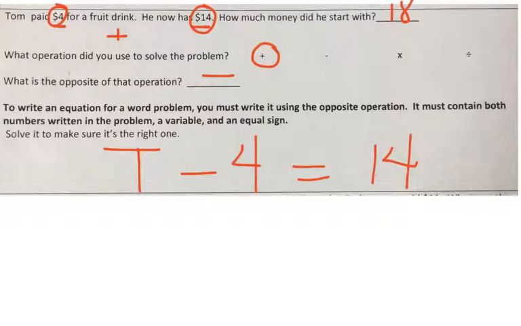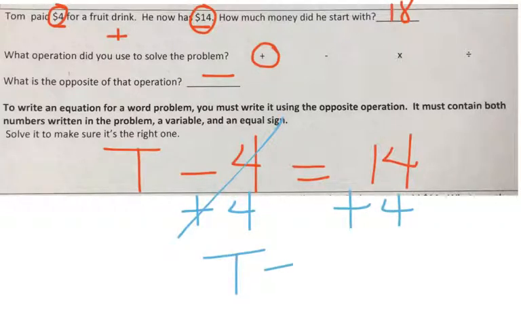The opposite of take away 4 is add 4. If I do that to one side, I have to balance and do it on both. Over here I'm just left with T, and 14 plus 4 is 18. So T is equal to 18. Is that what I was expecting to get? Yes, it is. So this is the correct equation.